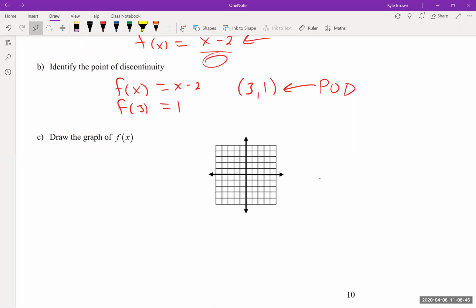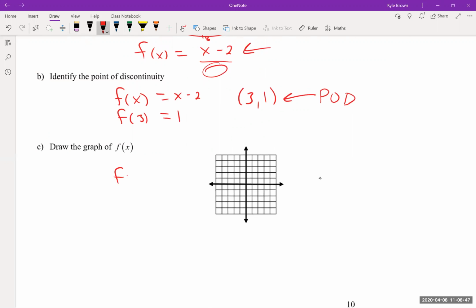Now, the way this will show up on your graph: I'm now dealing with f of x equal to x minus 2, just a linear function, just a line. It would cross through negative 2 and have a slope of 1 over 1. So that would just be a line going through there.